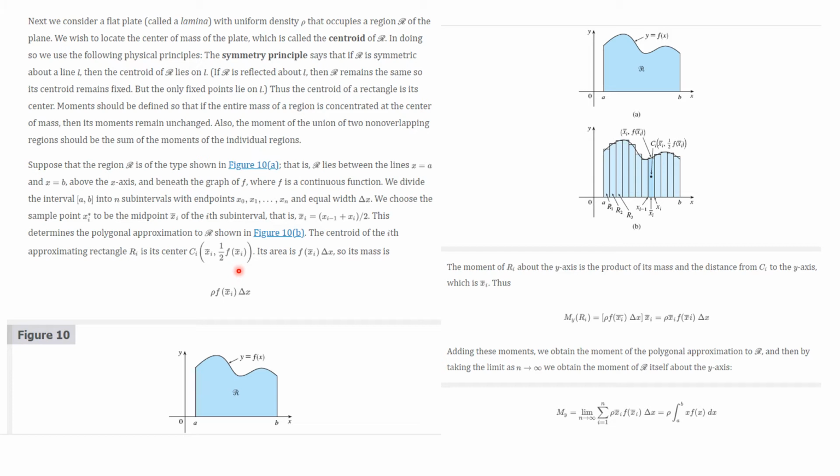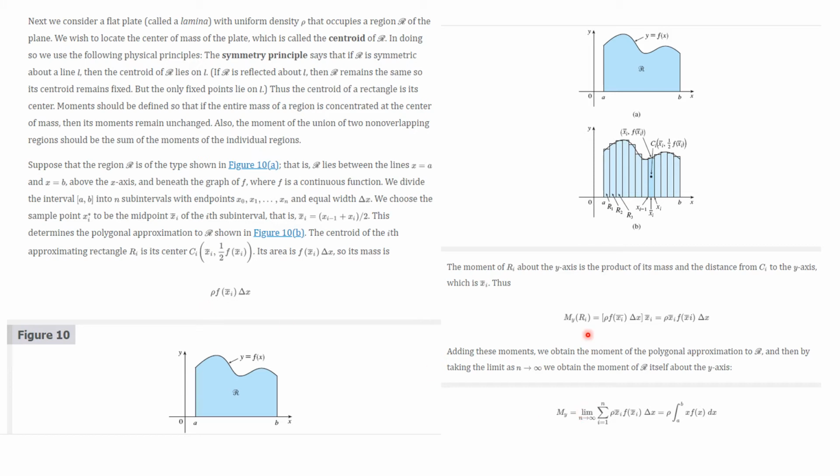And so the mass is going to be the height, which is this, times the width, which is this, times the density. Here we're assuming the density rho is a constant. Later on we can talk about the density not being constant, but that's what we're talking about now.